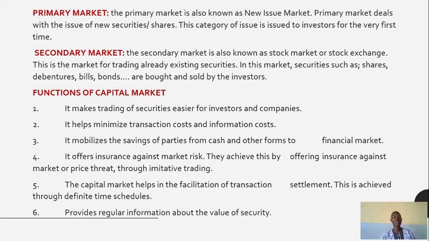We also mentioned that it offers insurance against market risk. We also mentioned that it provides regular information about the value of security. Then we mentioned that it makes trading of securities easier for investors and companies.